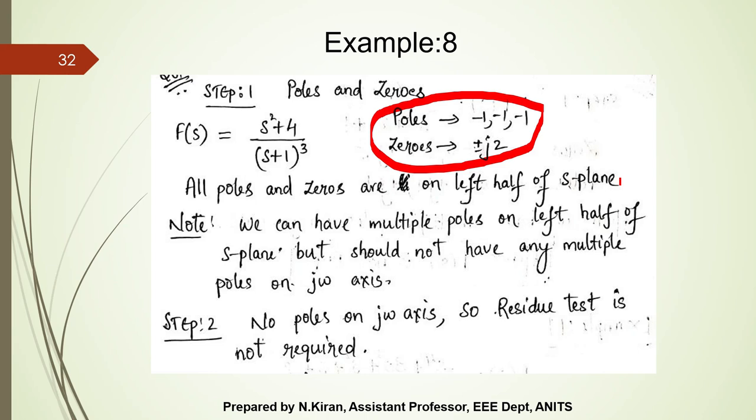Even though you have a zero on the j omega axis, if you don't have any poles on the j omega axis, then there is no need for you to conduct the residue test. So in this example, there are no poles on the j omega axis. I have only zeros on the j omega axis. So there is no need for conducting the residue test for this function.